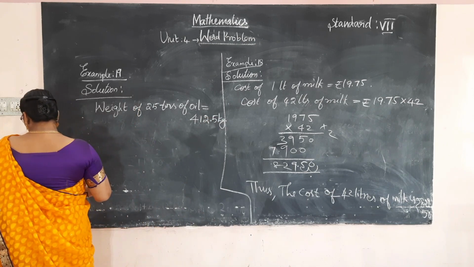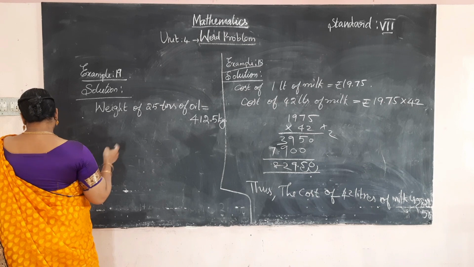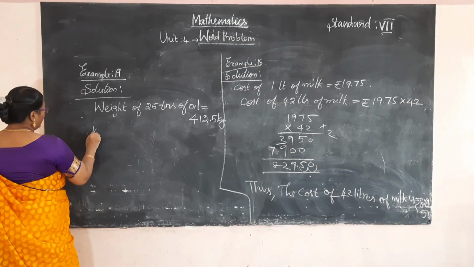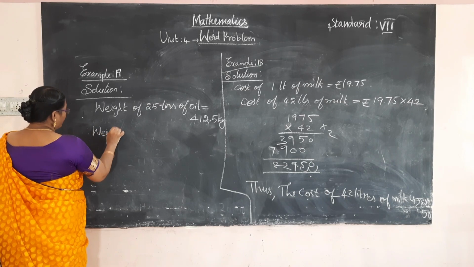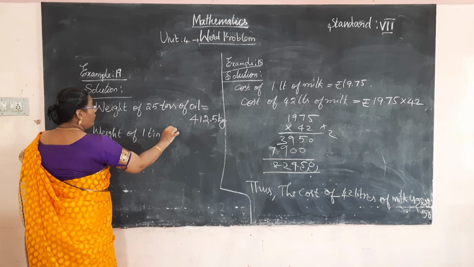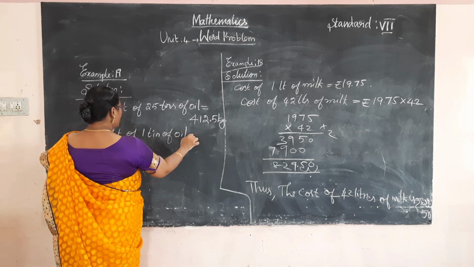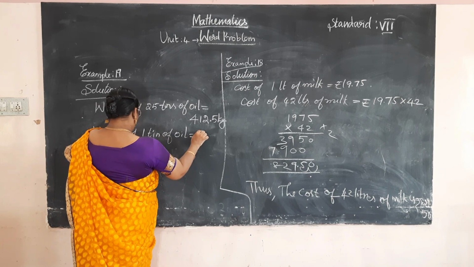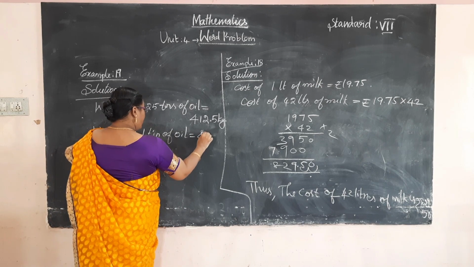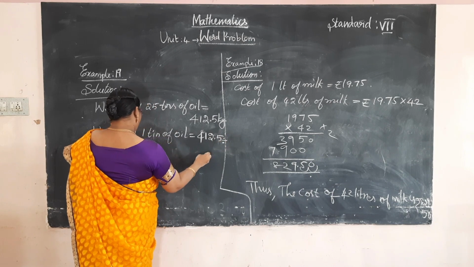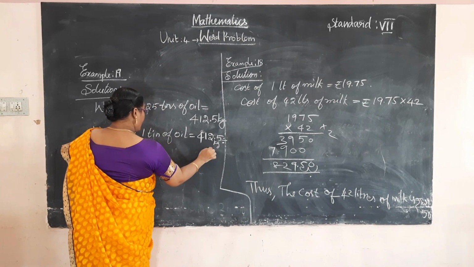Next, the weight of 1 tin of oil is equal to 412.5 divided by 25.